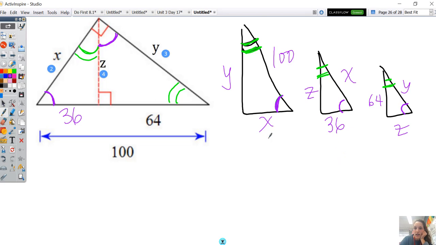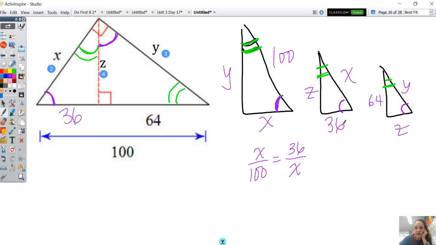I have X and 36, and then I have 100 and X, so I think this is going to be my money. I'm going to set up a proportion with my X's first: X over 100 equals 36 over X.